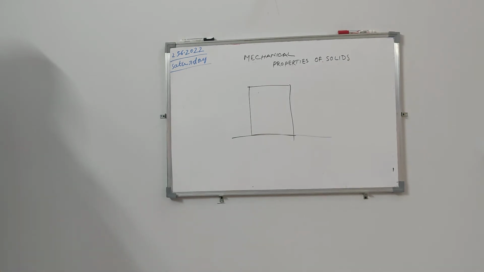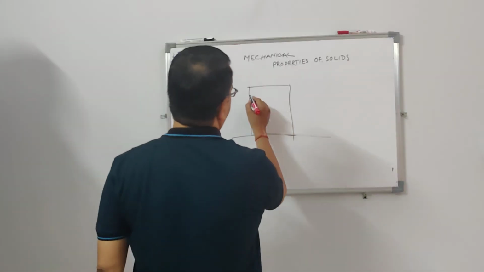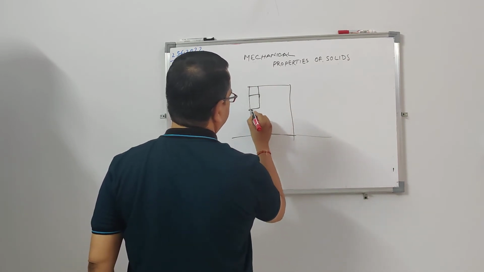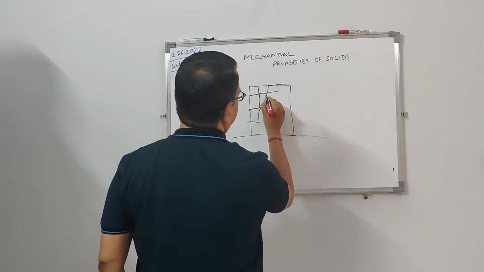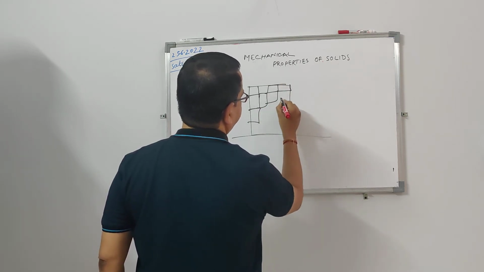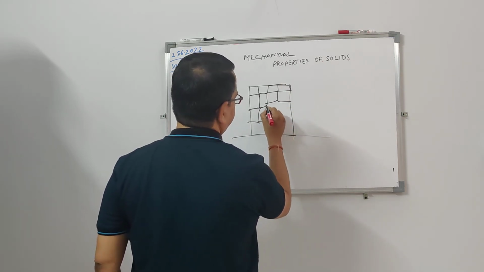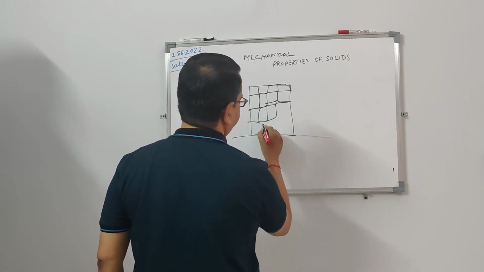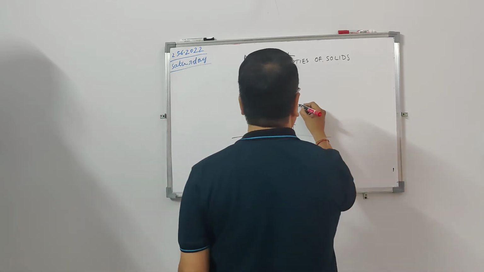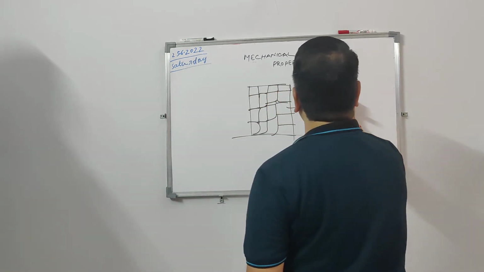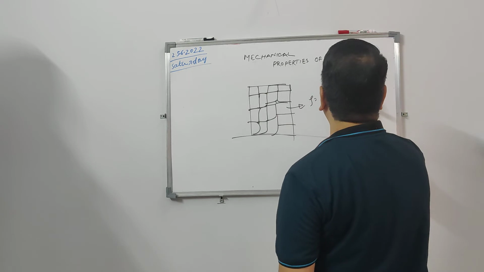So the mountain has rock whose density is 3000 kg per meter cube. These are the rocks whose density is 3000 kg per meter cube.